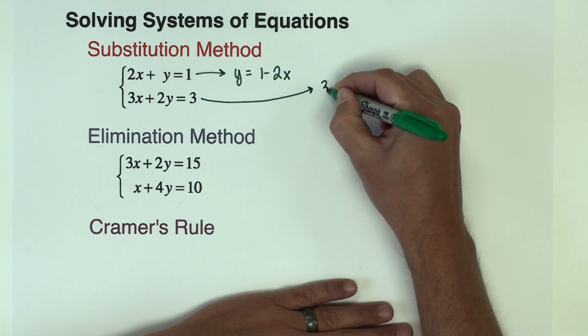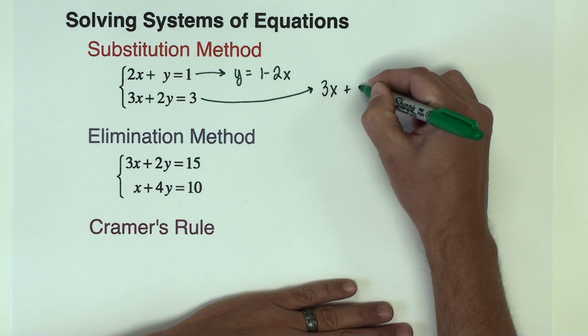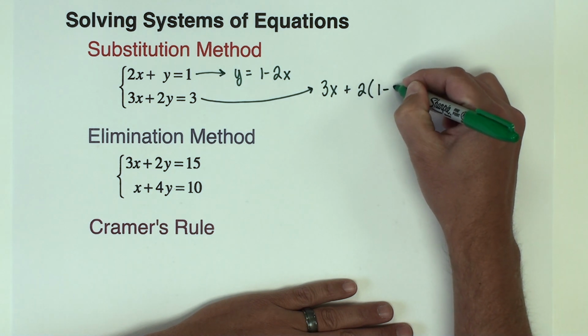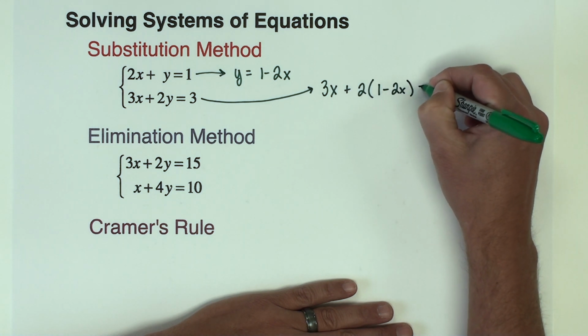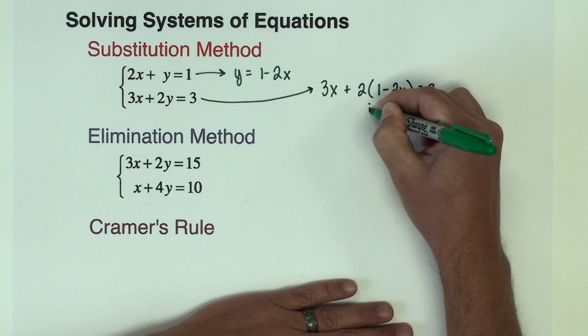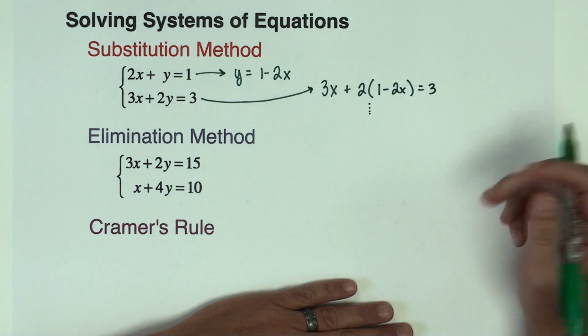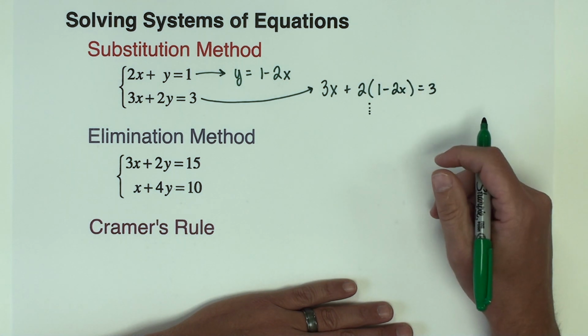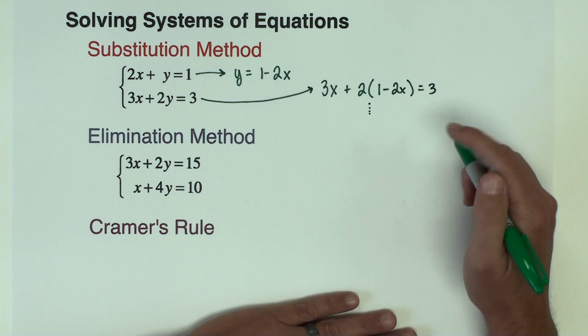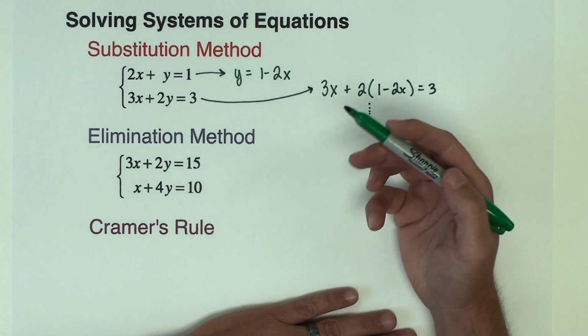So this would then look like this. Here's your substitution part. And then from there you start solving and you find your first variable, and you substitute back in to find the other variable. We've also talked about the elimination method.